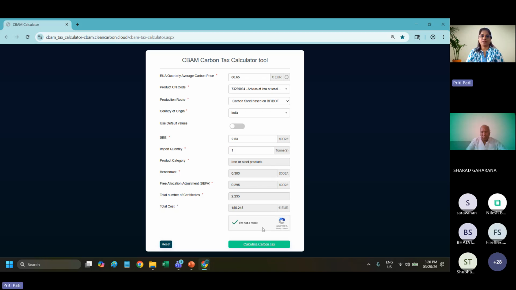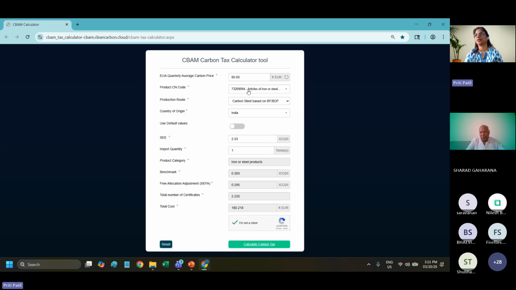So with this calculator, you can change the CN codes, you can check it for your different products, you can check the scenario when the cost increases or decreases, when the different production routes come into the picture, default values versus actual values, or even for your precursor you can check it here.